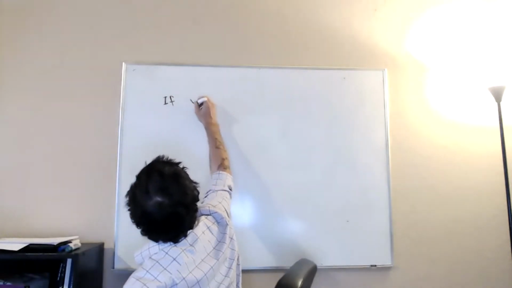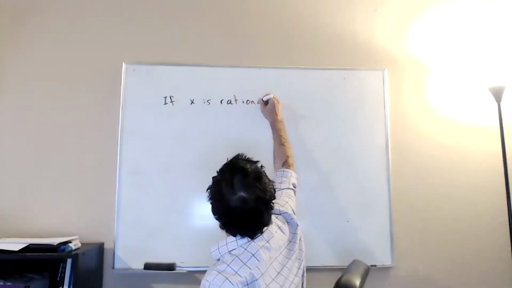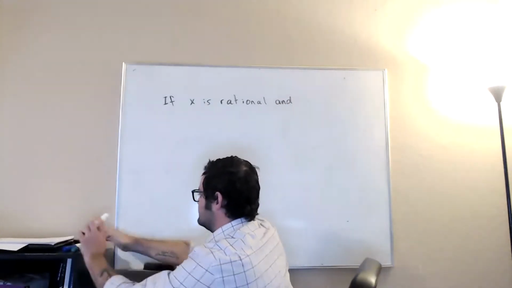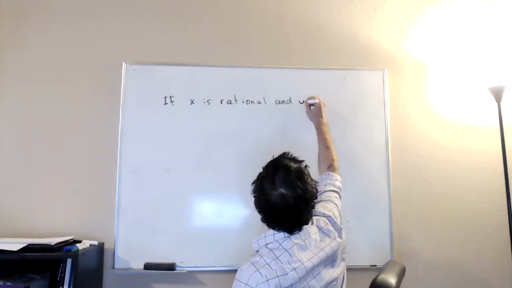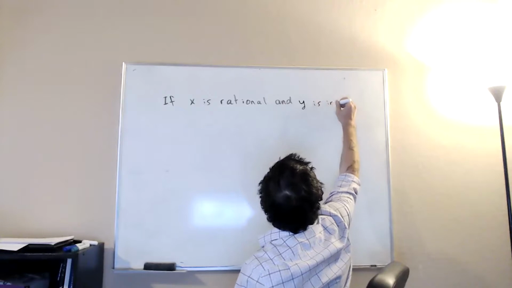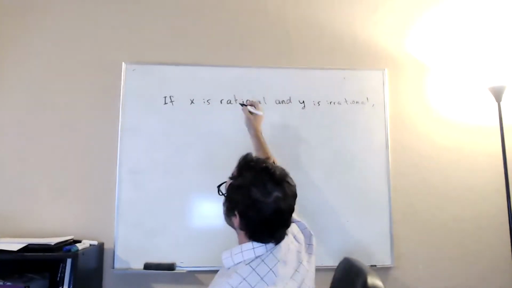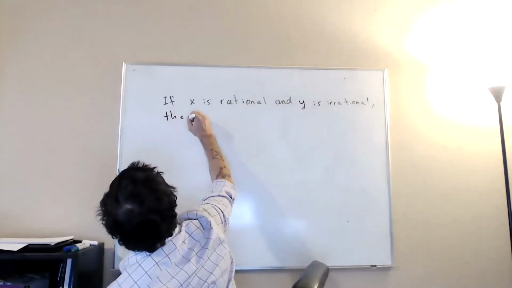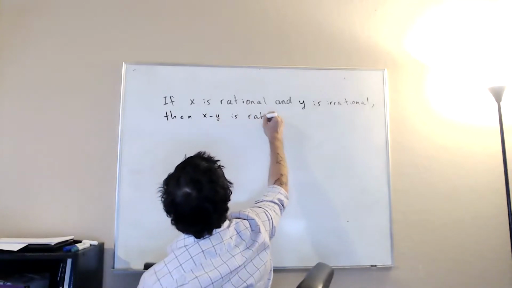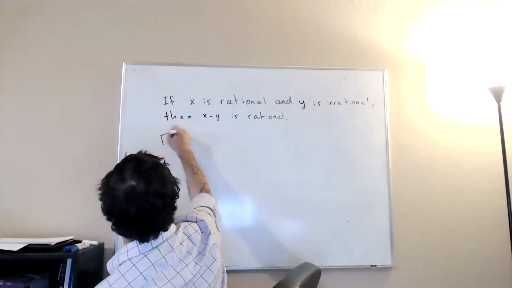So if x is rational and y is irrational, so this is a statement, then x minus y is rational. And then you would say something like this: false.